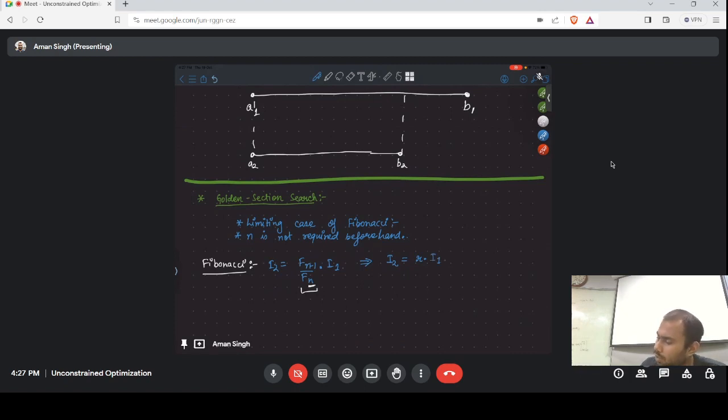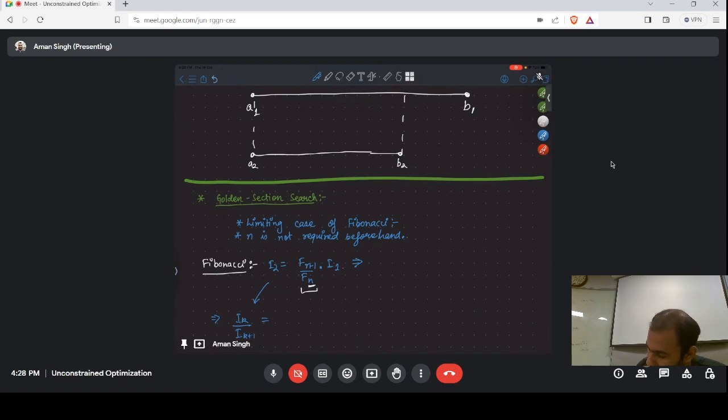And let's do this for all the interval lengths, i.e., I can write Ik upon Ik plus 1.